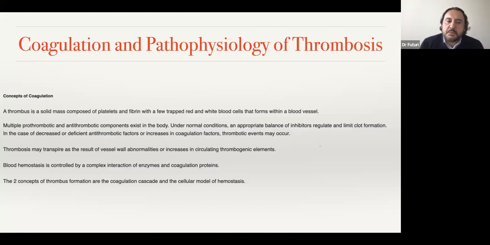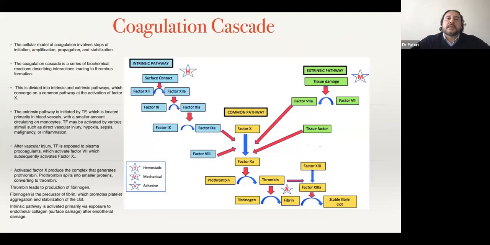And we all know that blood hemostasis is primarily controlled by enzymes and coagulation proteins. We have primary hemostasis, which is primarily driven by platelets and the platelet plug, and then secondary hemostasis, which includes the intrinsic and extrinsic pathways that ultimately lead to a blood clot itself.